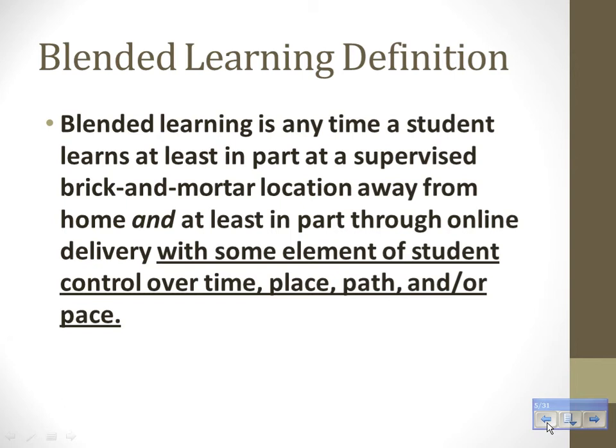And the big thing here is what I underlined, with at least some element of student control over time, place, path, and or pace. Okay, doesn't mean all of them, but they have to have control over some of those. And that really comes back again and again as I'm going through this, that there has to be some student control somewhere for it to be truly blended learning, okay?